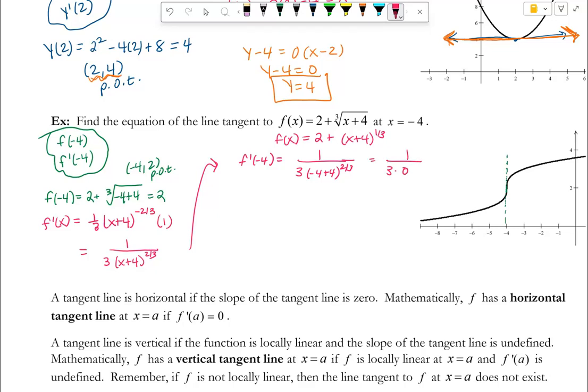Because negative 4 plus 4 is 0, 0 to the 2/3 power is 0, so we end up getting 1/0. So we know that if I get a 0 in my denominator, I'm working with something that is undefined. So my slope is undefined here.